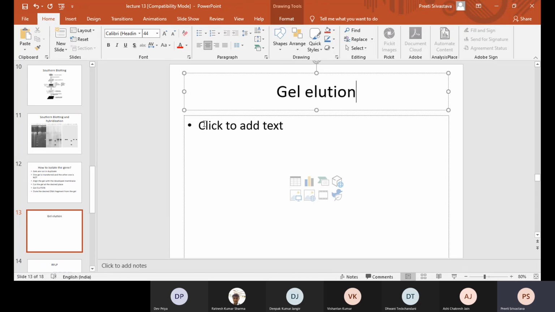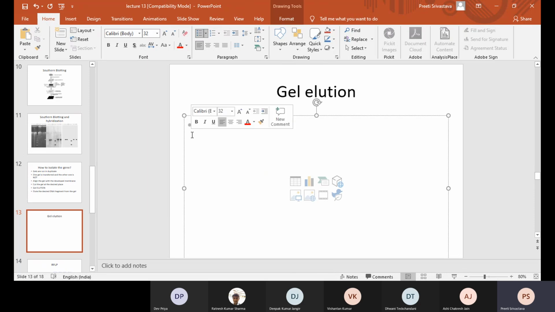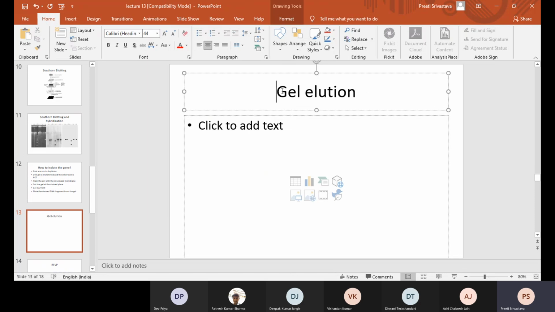And why do we elute the DNA? You want to elute the DNA because you want to use that DNA for cloning it in a plasmid, right? So this is now isolating. This is the step, Rajneesh, like you were saying about capillary electrophoresis. By capillary electrophoresis, you can detect it but you cannot isolate the gene.